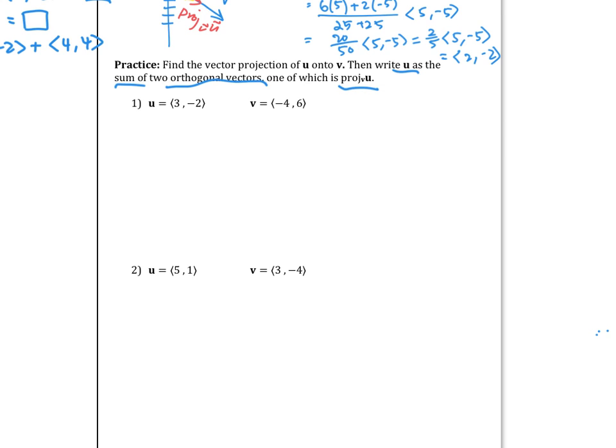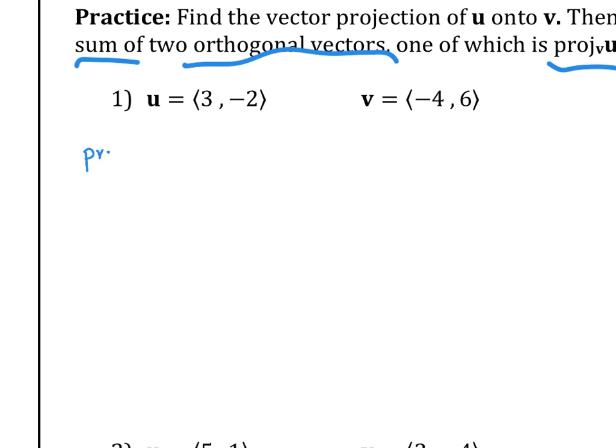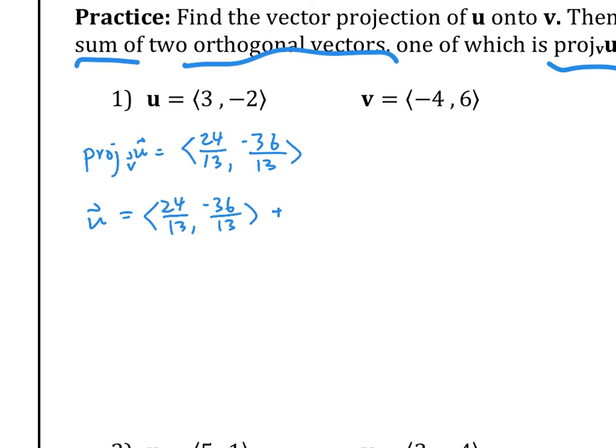The projection vector of u onto v is a kind of complicated number: (24/13, -36/13). Then we write u as the sum of two vectors, the first being the projection vector, and the second being the difference between them, which is (15/13, -62/13).